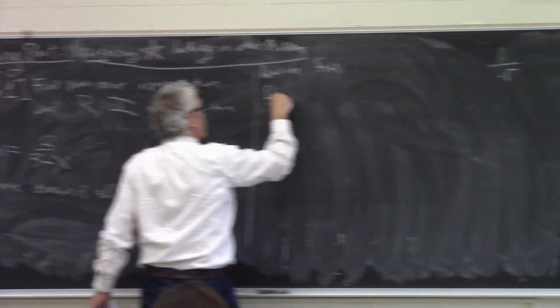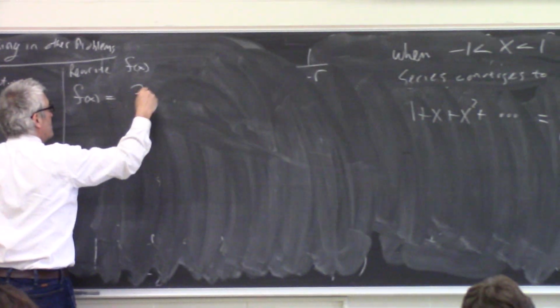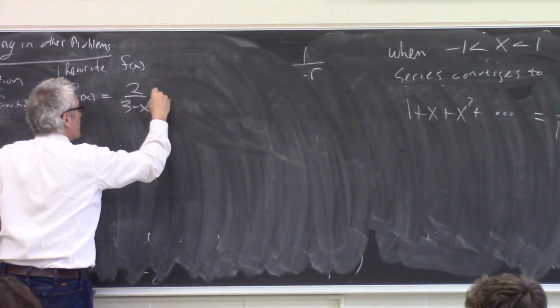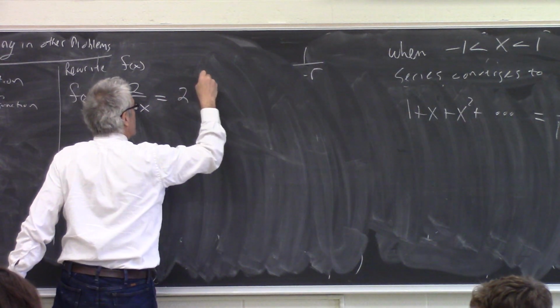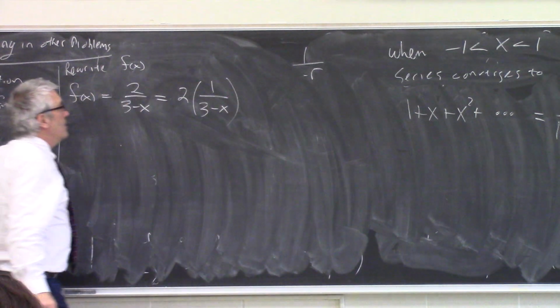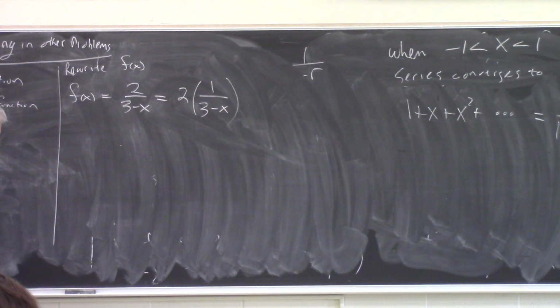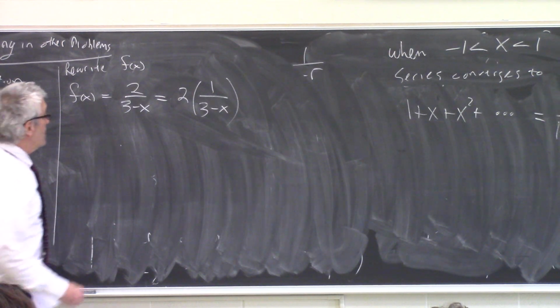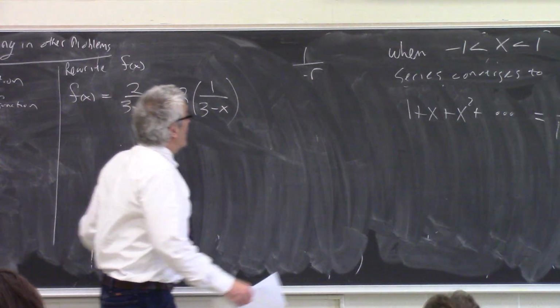So f of x is 2 over 3 minus x. So right away I can just pull out a 2 and write 2 times 1 over 3 minus x. But that's not quite what star says. Star says 1 over 1 minus x. So what can I do here? Well, let's factor out a 3.